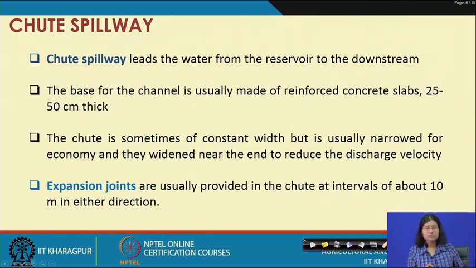So, the Chute spillway generally leads water from the reservoir to downstream. The base for the channel is usually made of a reinforced concrete slab around 25 to 50 centimeter thick. The chute is sometimes of constant width, but is usually narrowed for economy, as a trade off between economy and the best design consideration, and it is widened near the end to reduce the discharge velocity.